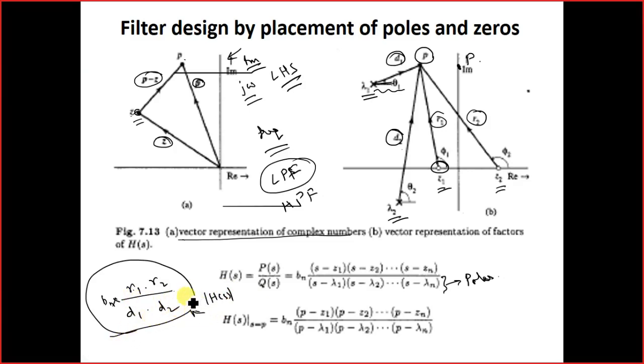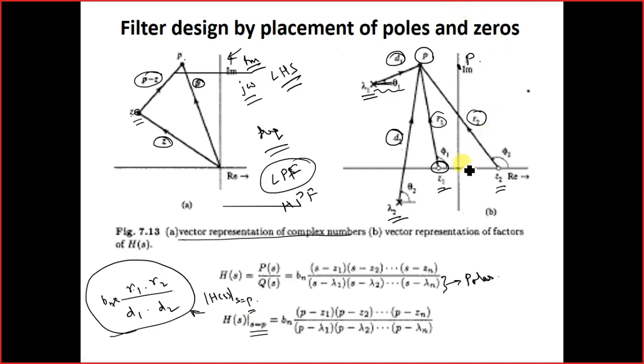So if you say, sir, we have taken only one frequency point, you are correct. We are only discussing Hs at s equals P. Now the position of this P may vary. The position of the P may vary from 0 and it will go on increasing in the frequency axis.